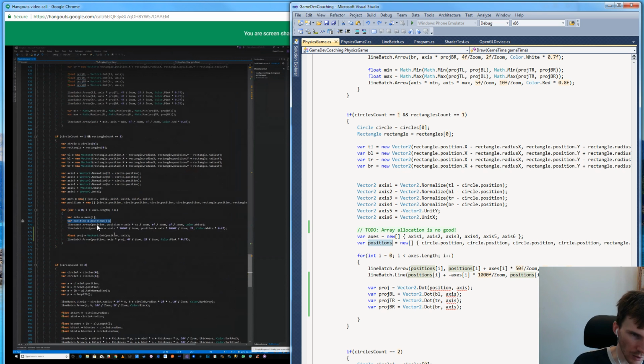Over here where you're drawing an arrow coming off the position in the direction of the axis, you're adding it to the position to get that arrow pointing in the right space. Like you're getting an arrow that's on that axis. And the same again here, you've got position plus axis times a thing. Over here, you've just got axis times a thing, which is why this is not working.